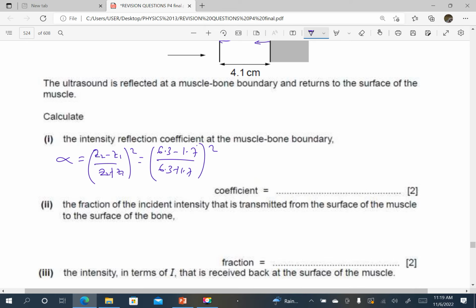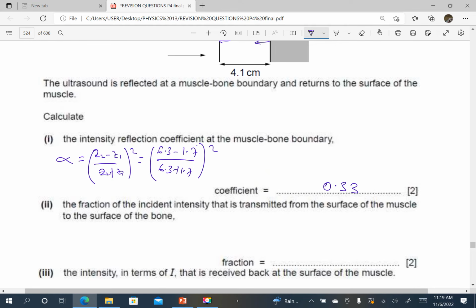I ignore the powers of 10 because they are the same. From my calculator, I have this as 0.33.